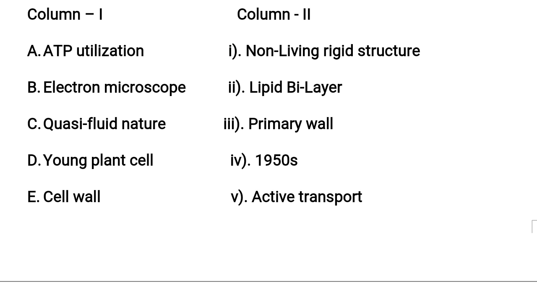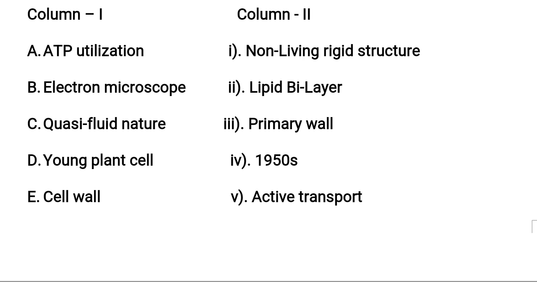It is called active transport. Active transport is an energy-dependent process for the movement of molecules or substances from lower concentration to higher concentration, against the concentration gradient. So A is matching with Roman number 5.